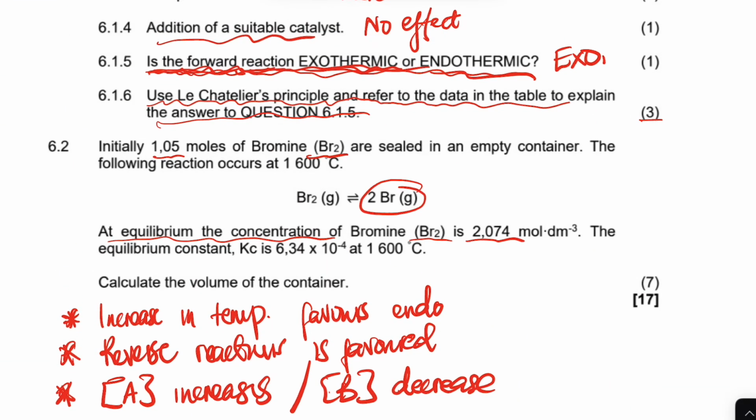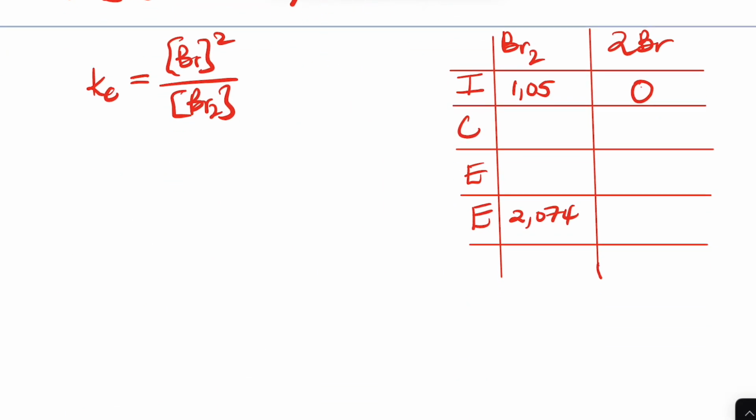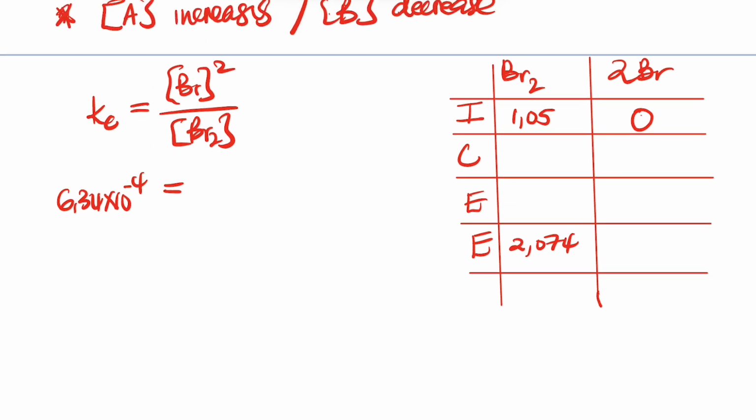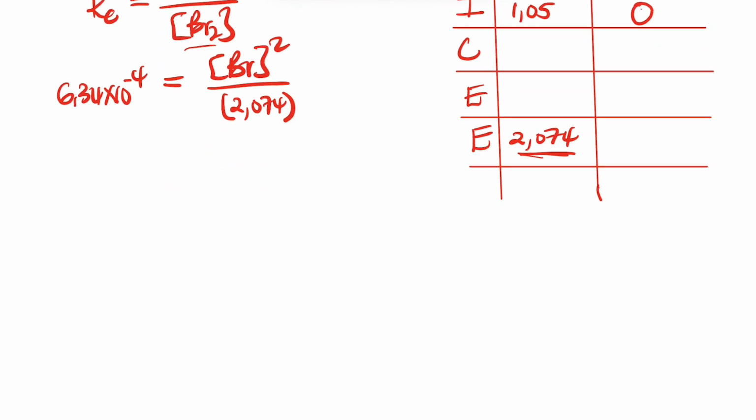Our Kc is 6.34 times 10 to the power negative 4, equal to, and then we substitute the concentration of Br2, which is 2.074. We do not have the concentration of Br, which is the product, so we cross multiply. We're going to have Br to the power 2 and then these two.